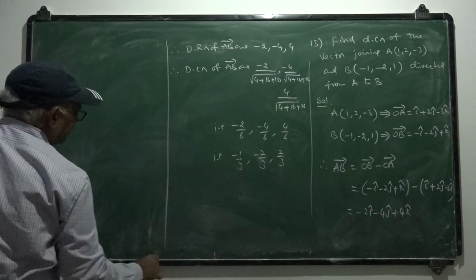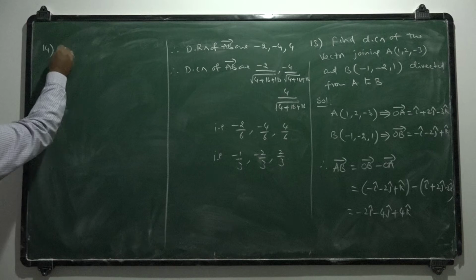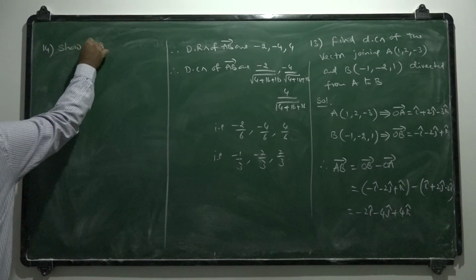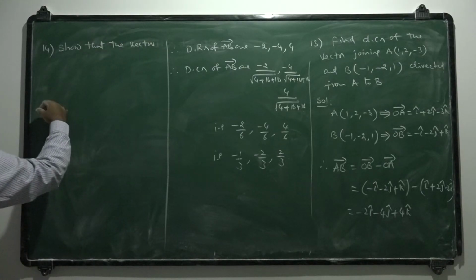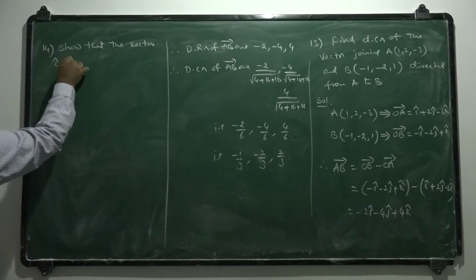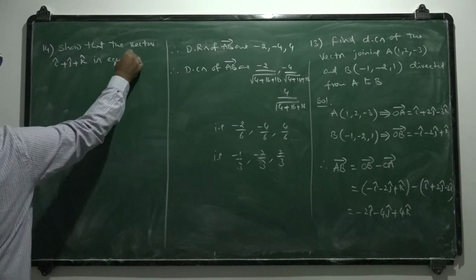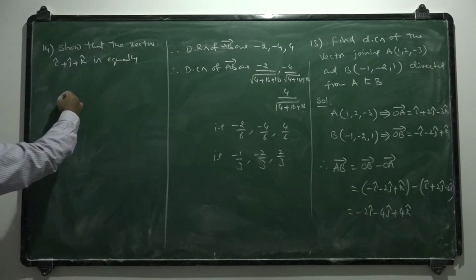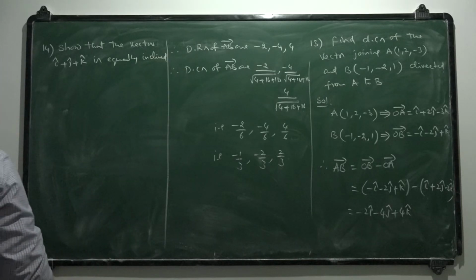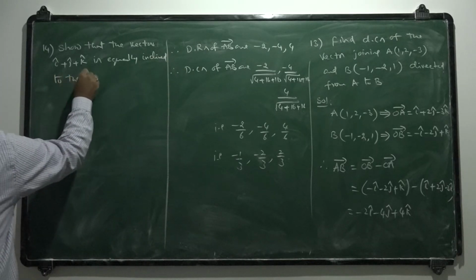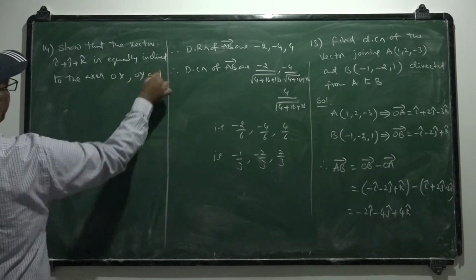Next problem, 14th problem. Show that the vector i plus j plus k is equally inclined to the axes Ox, Oy and Oz.